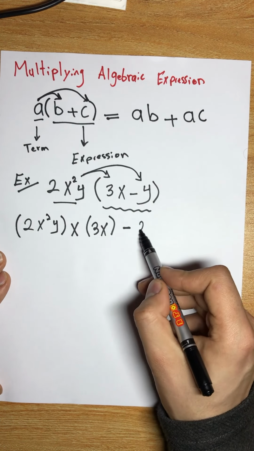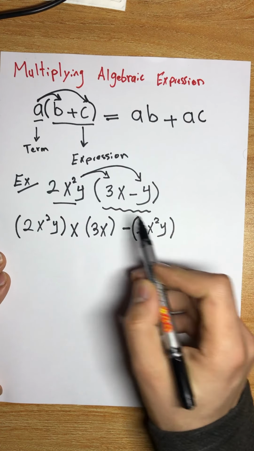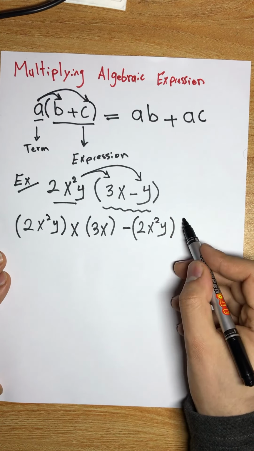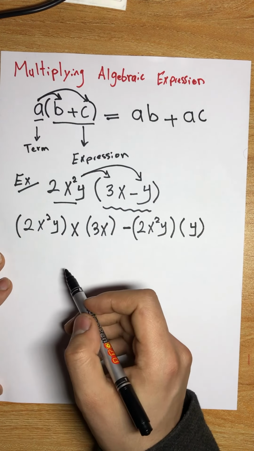2x squared y times y. Now let's simplify more.